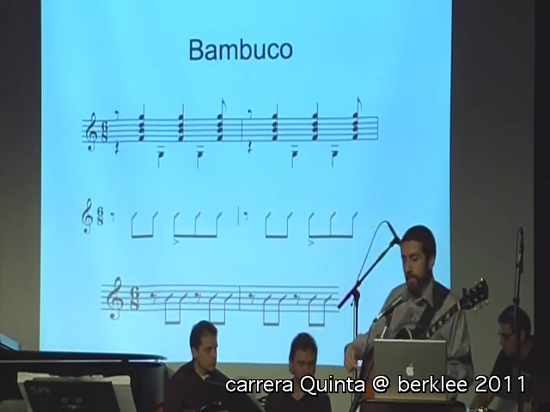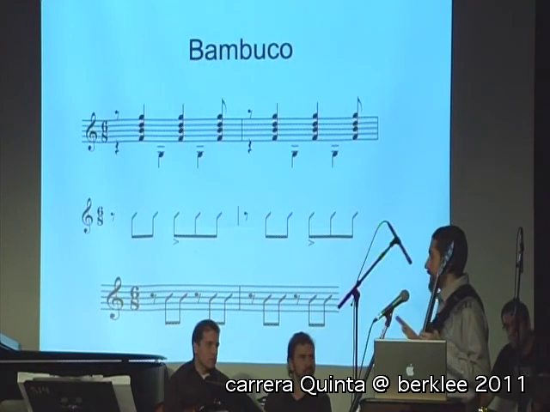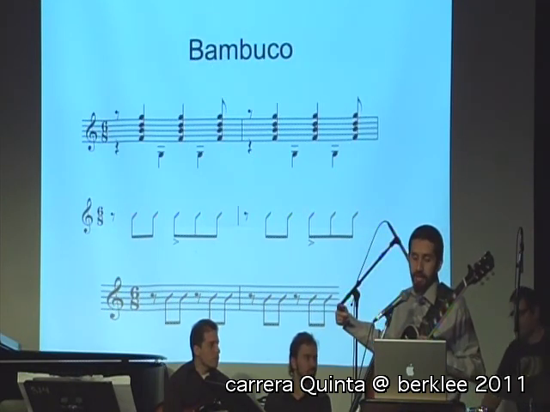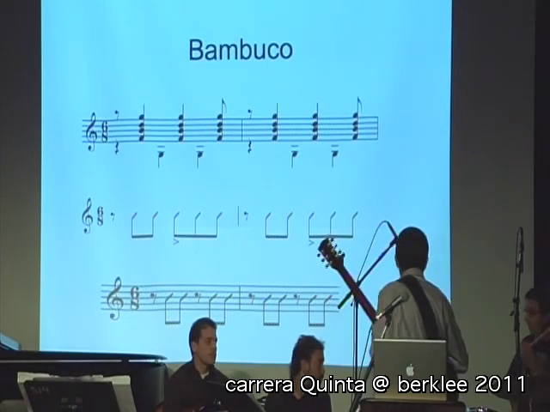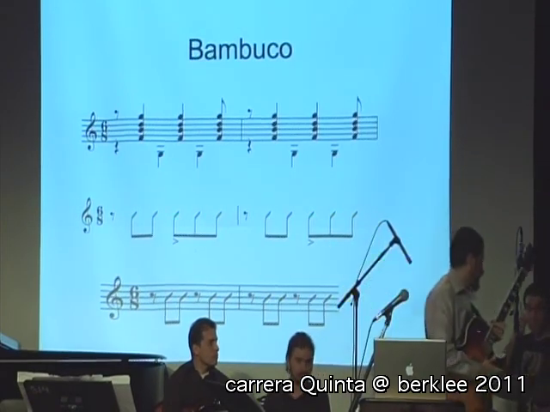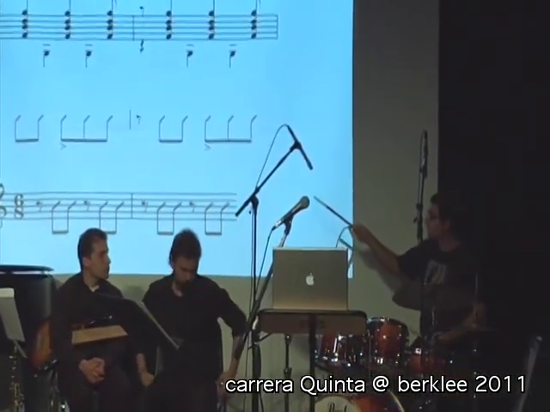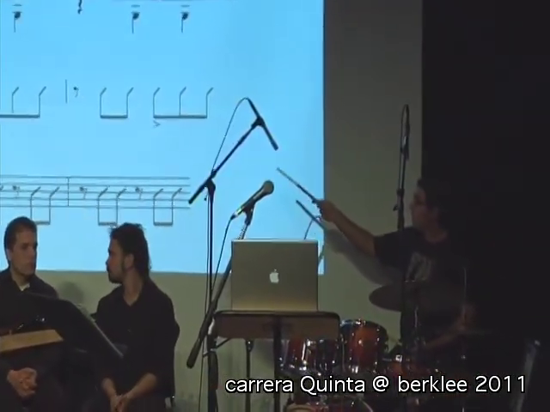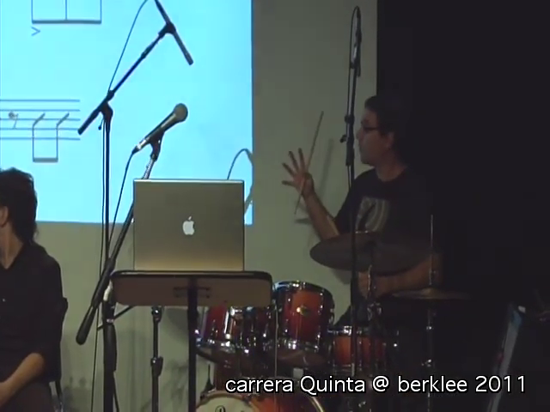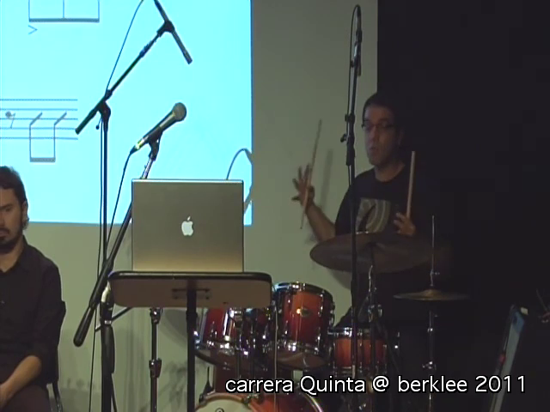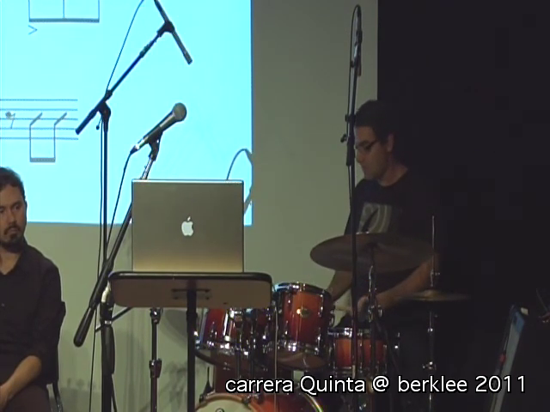So Pedro wants to tell you in a simple way how the drums work in the bambuco. We play in 6/8, and with this type of syncopation, the one in the middle, when you leave the first eighth-note rest open, it gives the rhythm a little more air. 1, 2, 3, 4, 5, 6, 1, 2, 3, 4.